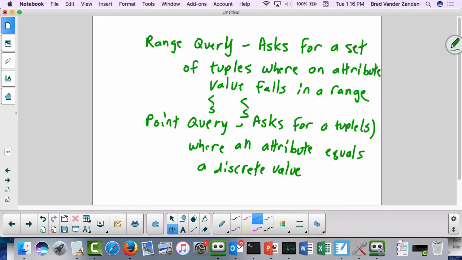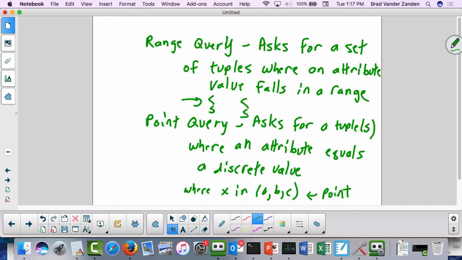If you just say where X in A, B, C, that's a point query. That's asking for discrete values. A range query involves inequalities, so it's typically on numbers or on names or on dates, which are numbers in some sense.